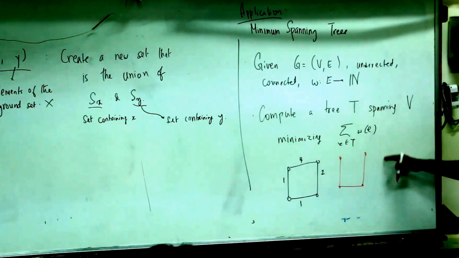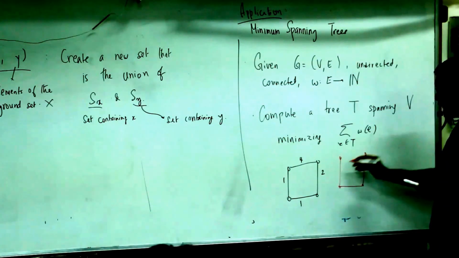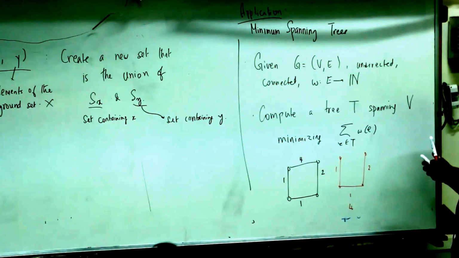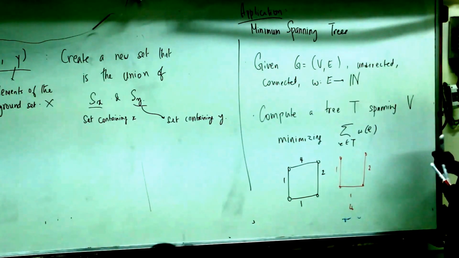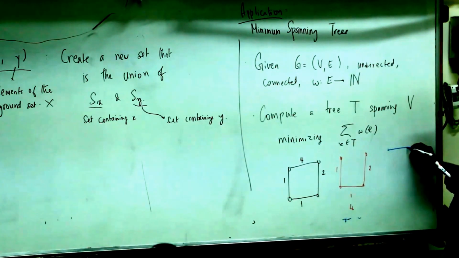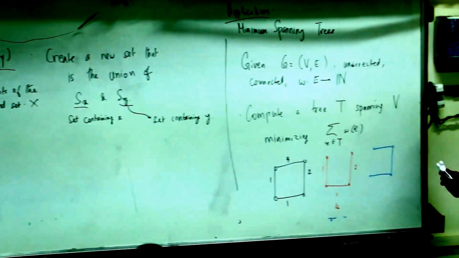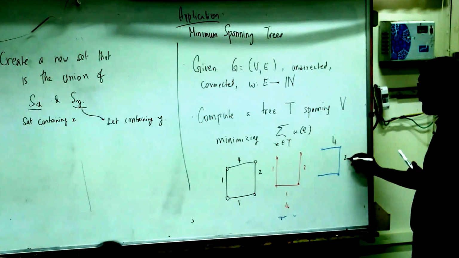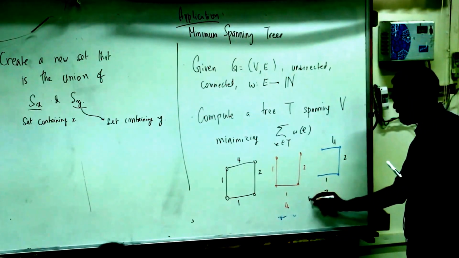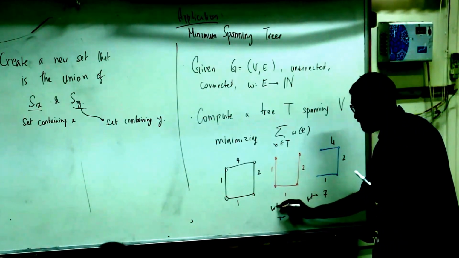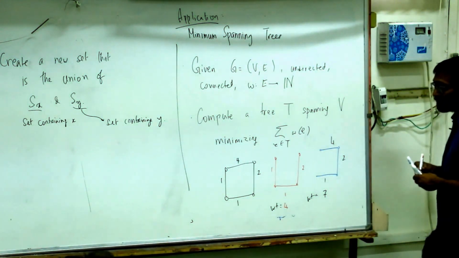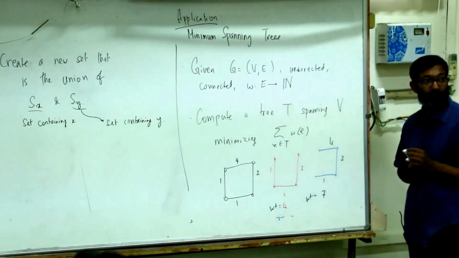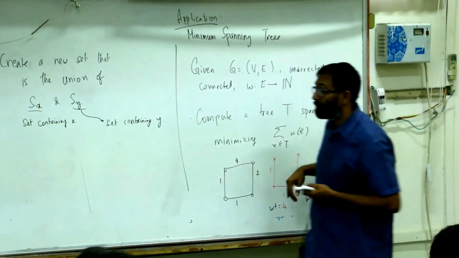This is a spanning tree because it spans all the nodes, and its weight is 1 plus 1 plus 2, which is 4. Or you might pick another one, which is also a spanning tree but whose weight is larger: 4, 6, and the weight is 7. So for this graph, possibly this is the minimum spanning tree. So we want to compute a minimum spanning tree.